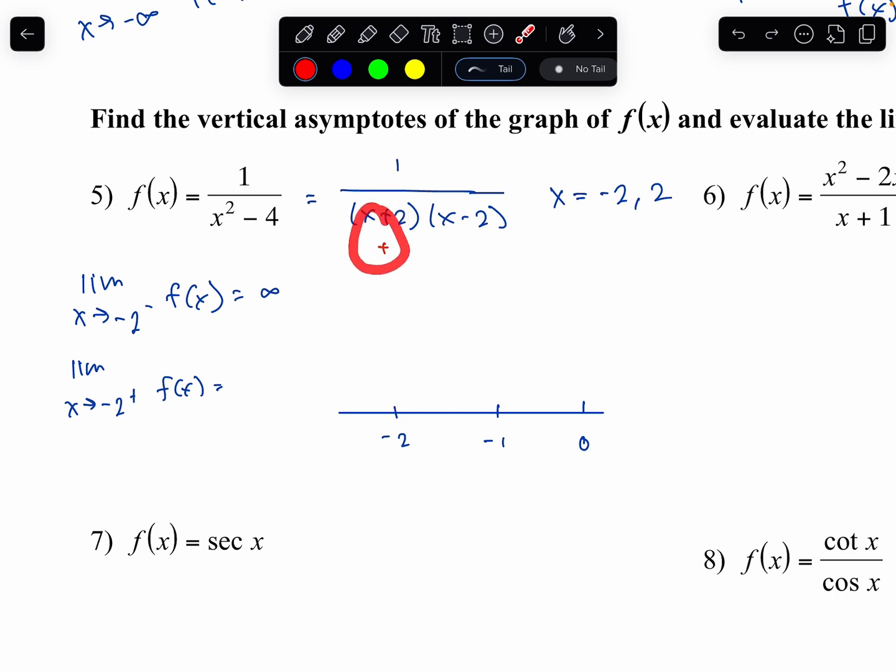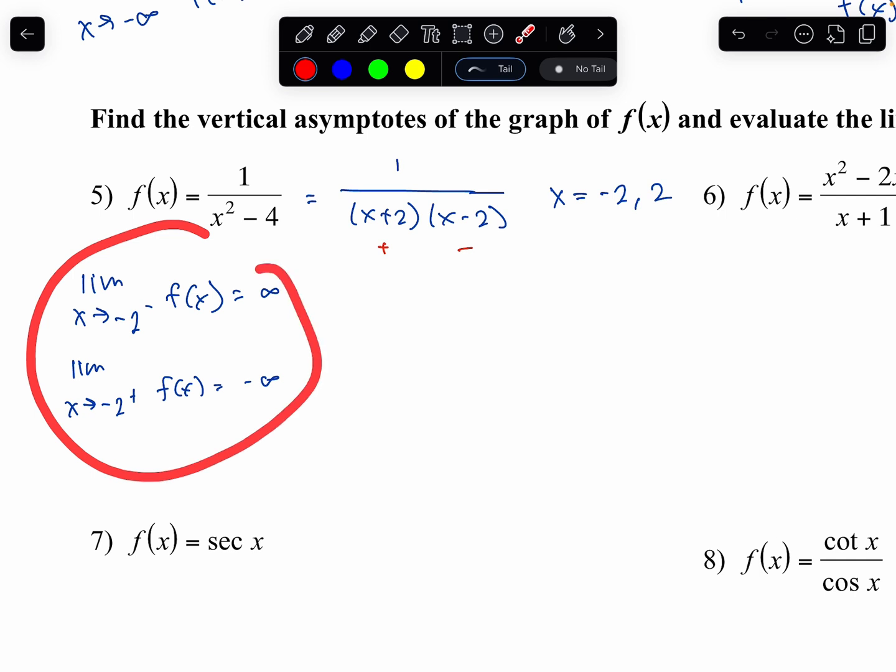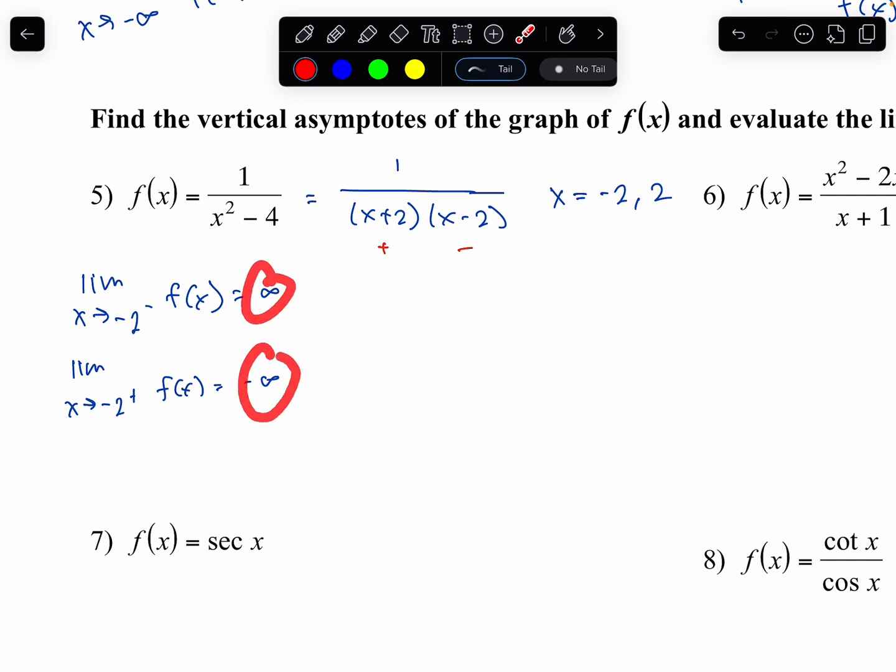But -1.999 here will still be negative. So on the denominator, we'll have positive times a negative, which will make it negative, but on the top it's positive. Together, it will make a negative. So this should be approaching negative infinity. So that's the way I usually evaluate those, to see if it's positive or negative infinity.